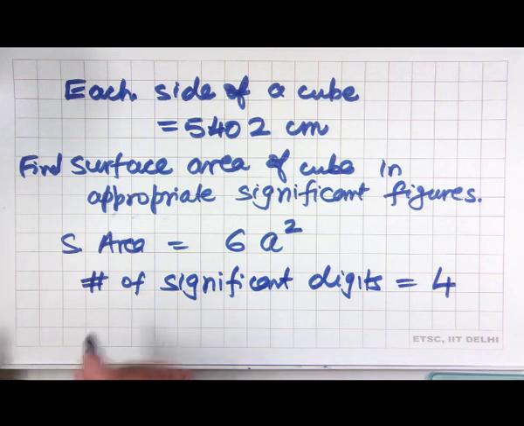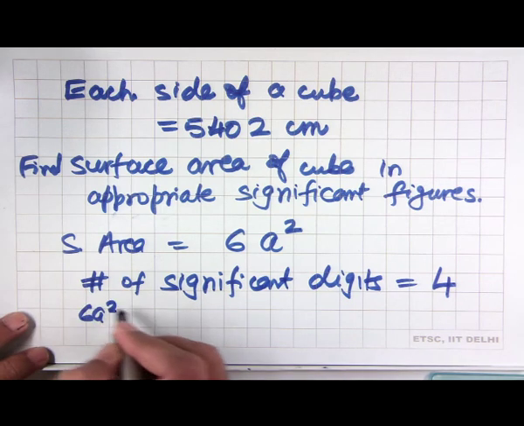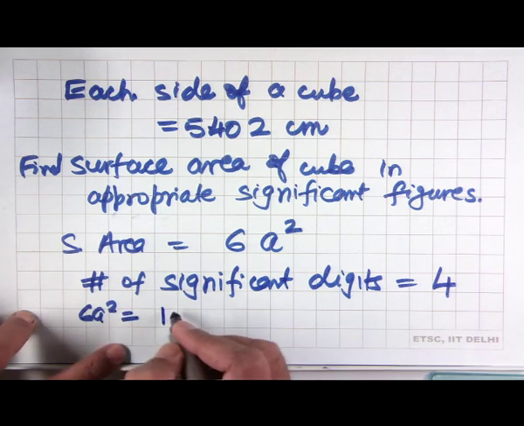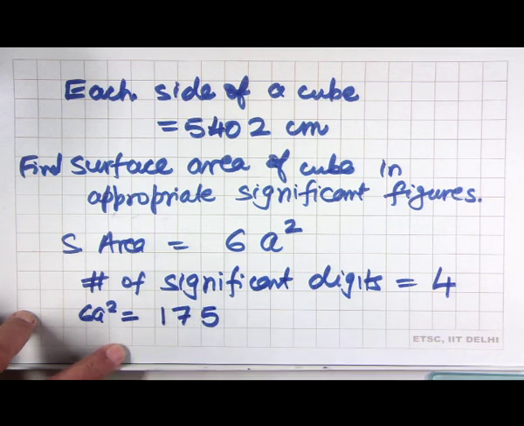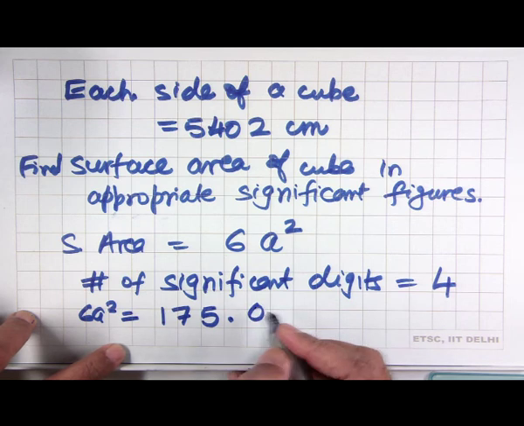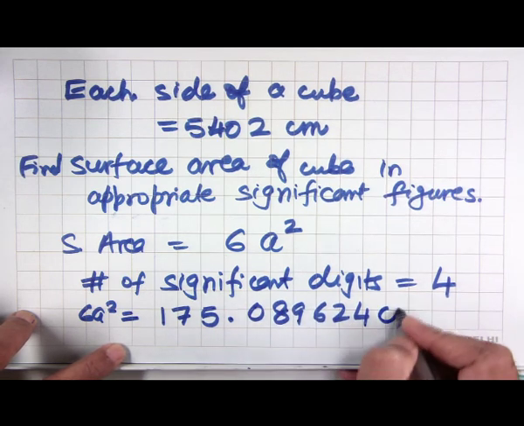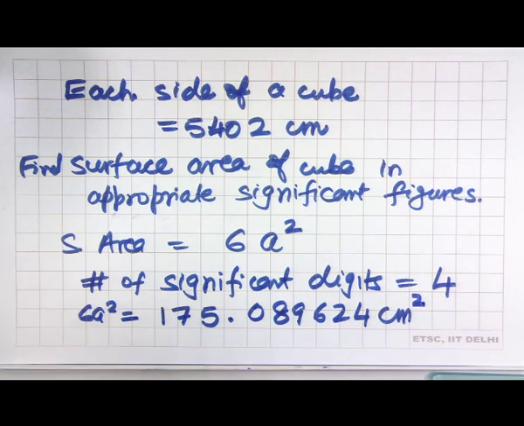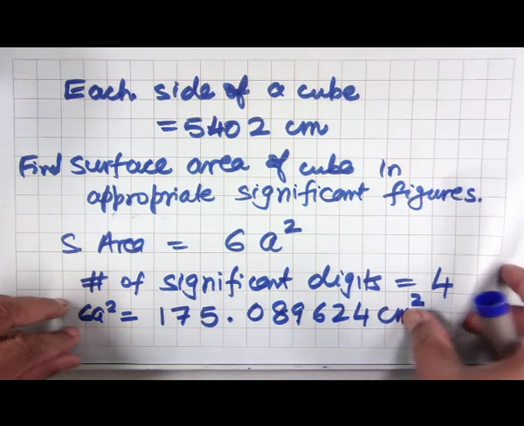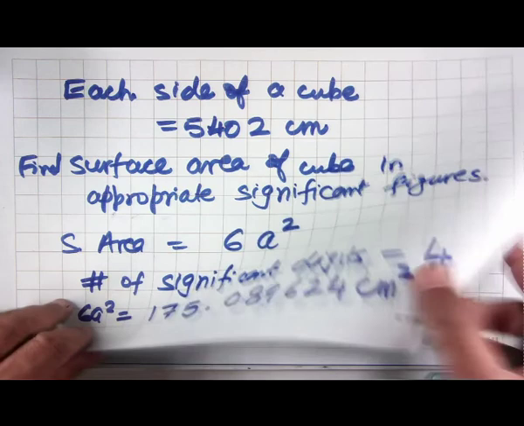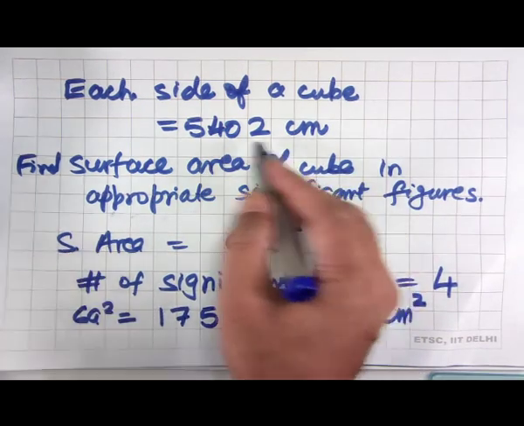So, now let us see, if I calculate 6a square and I do the exact calculation, maybe using a calculator, I will get my answer as 175.08964 centimeter square. And this is the point which we are saying, I do not need to express the answer in so many decimal places, because our original data is correct up to 4 significant digits.